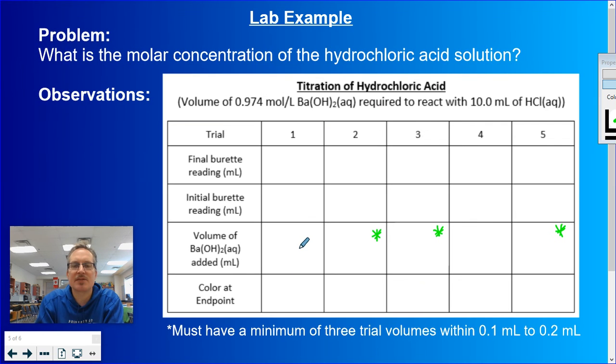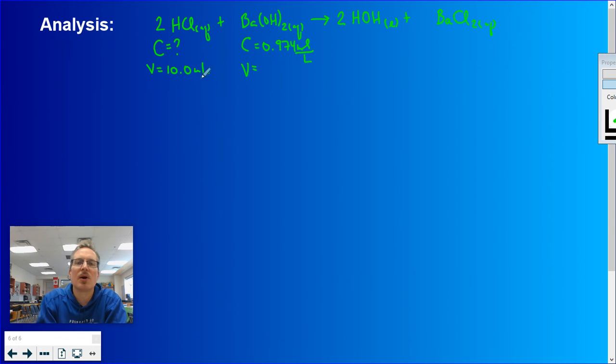Now, we did trials, and so we might not remember the values. My values have disappeared, but we are using the values from trials 2, 3, and 5. Those values were 13.7, 13.8, and 13.7. So we're going to take the average of those three: add 13.7 milliliters plus 13.8 milliliters plus 13.7 milliliters and divide by 3.